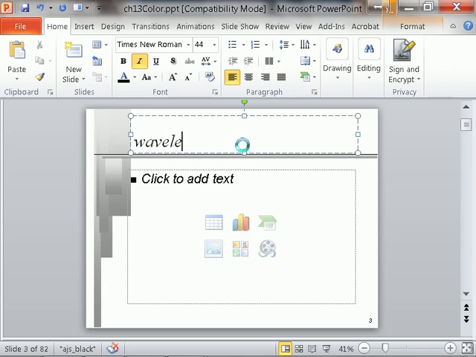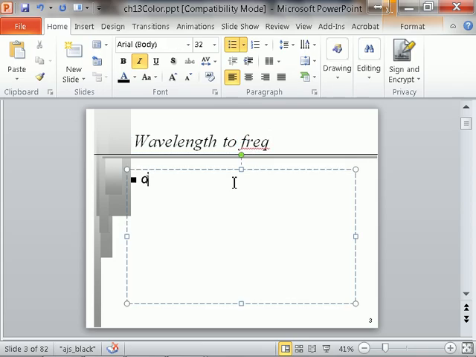Wavelength to frequency. Distance equals rate times time, and the analog of that is wavelength, lambda, equals c, the rate of propagation in the media, divided through by frequency, f, because that's cycles per second.